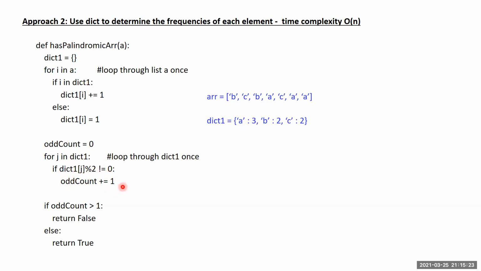And just increment this counter. And after that, at the end, all you need to do is to check this counter. Are there more than one keys that have odd counts? If that is the case, that means this input array cannot have an arrangement that is palindromic. So you will return false. Otherwise, you will return true.